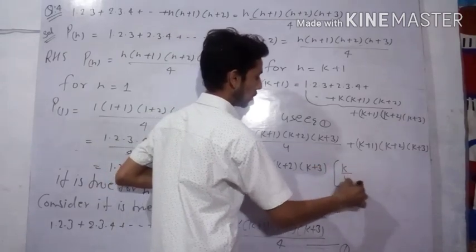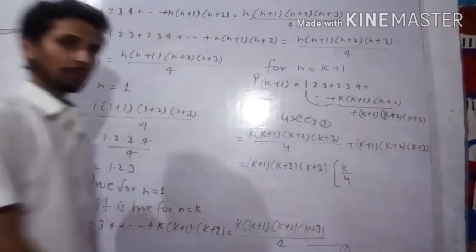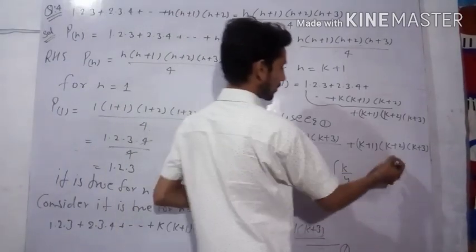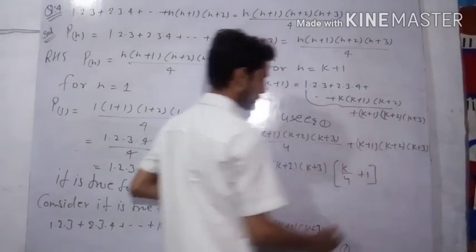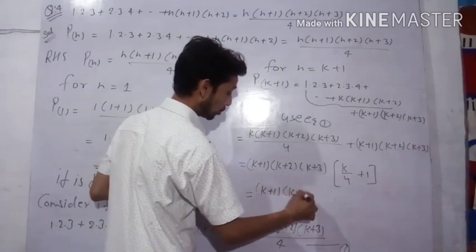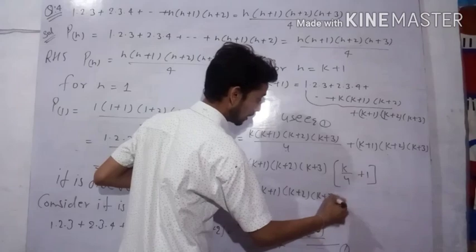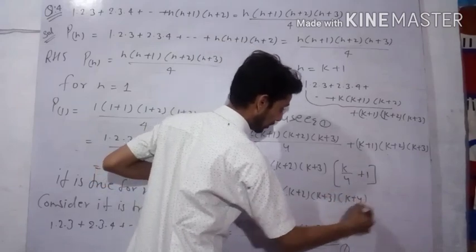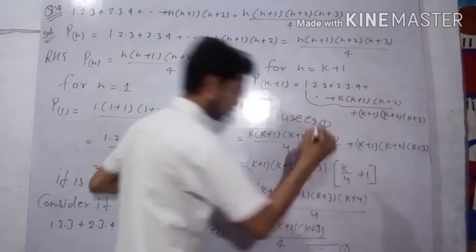So now k/4 remains from here and 1 remains from here. Take LCM: (k+1)(k+2)(k+3)(k+4)/4.